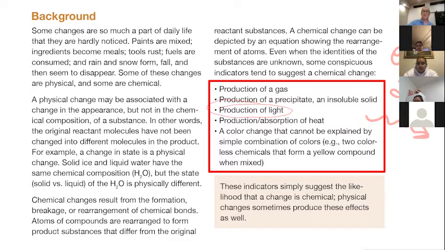The production or the absorption of heat. What kind of reaction gives off heat? It produces heat. You remember? Something thermic. Thermic meaning heat. Do you remember from the old days what kind of reaction that is? Thermal energy?